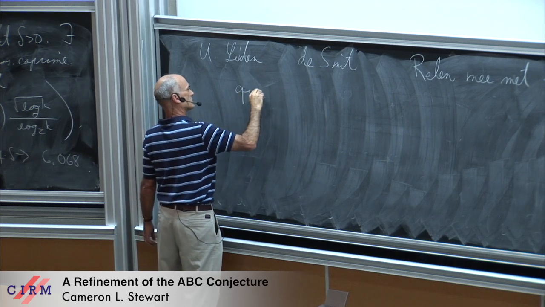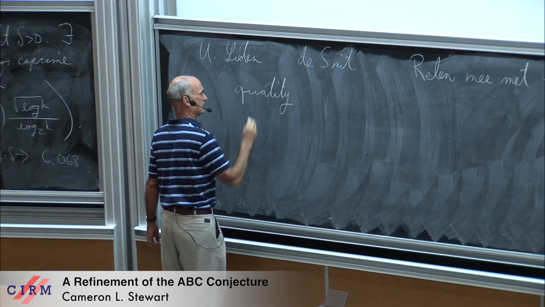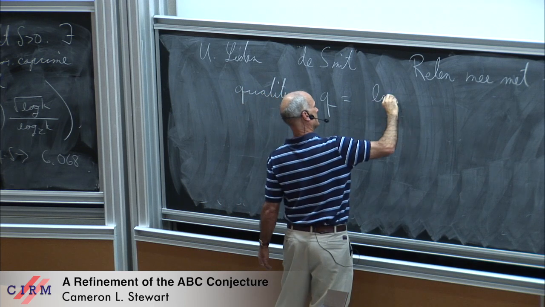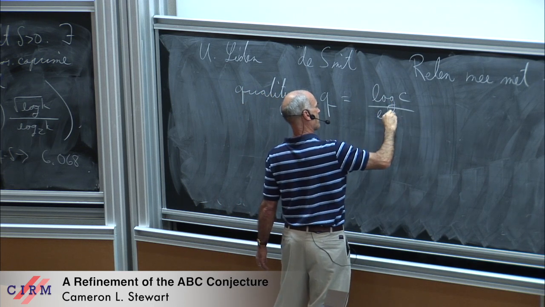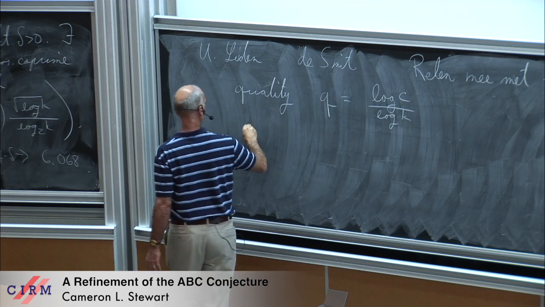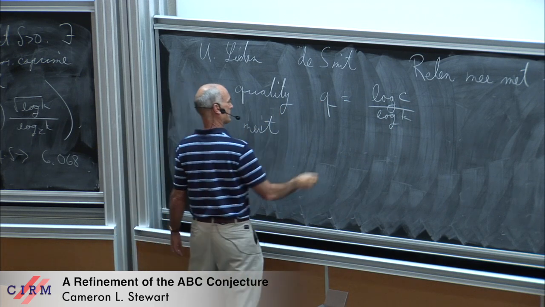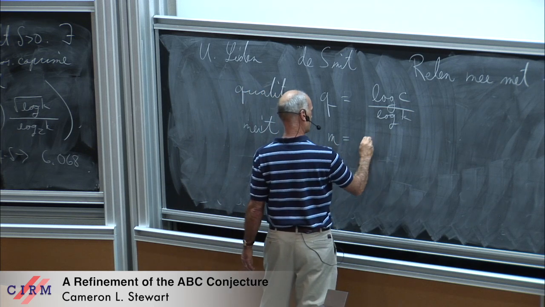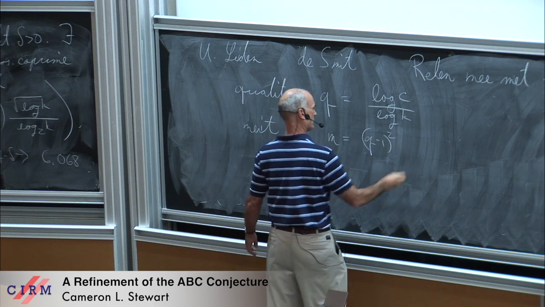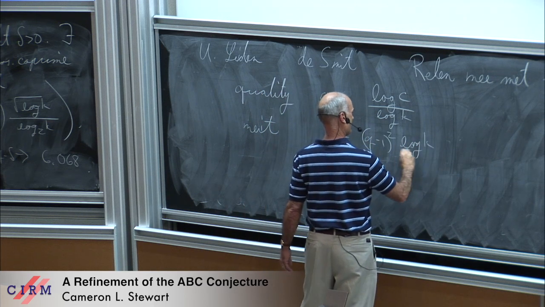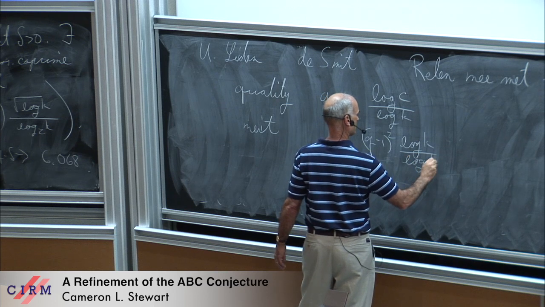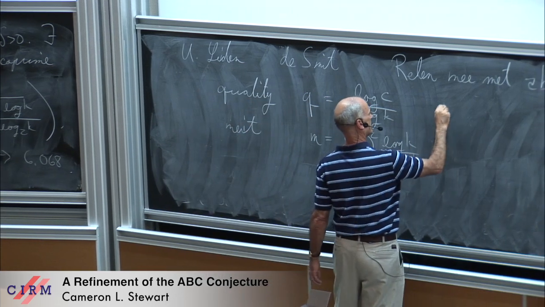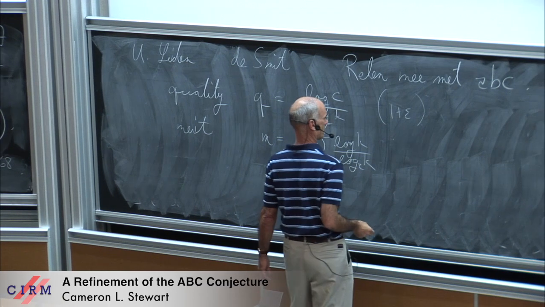And so there's two quantities that have been introduced. The quality, which is just log C over log K, and the merit, let's say M, which is Q minus 1 squared log K over log K. And the quality, so this is really testing whether 1 plus epsilon is the right order of magnitude.